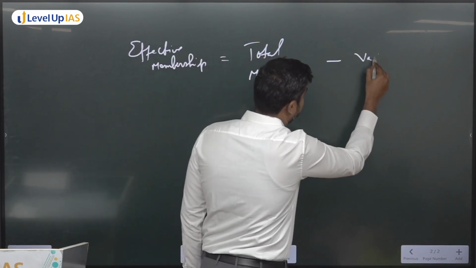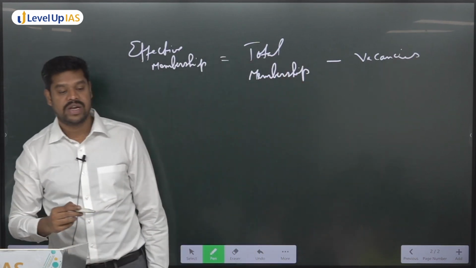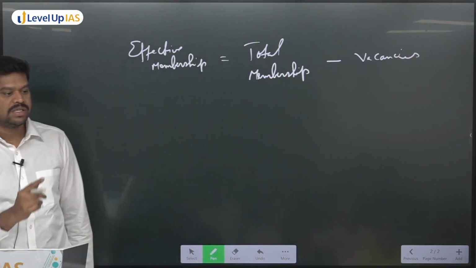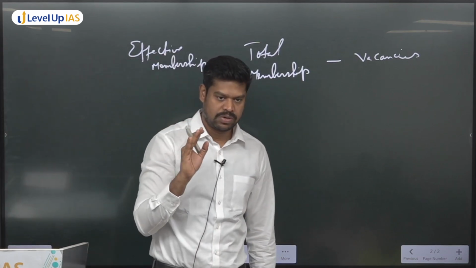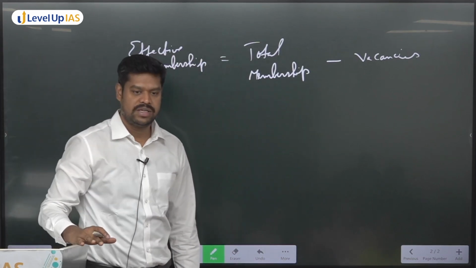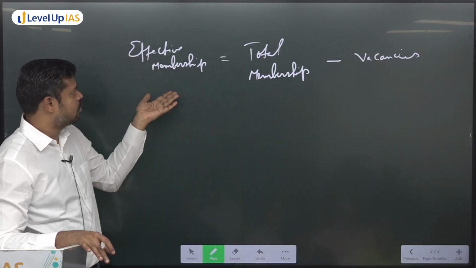Minus vacancies. So here the key word that you have to understand is vacancies. It is not absence, but it is about vacancies. Vacancies means that particular seat is not occupied by anyone. So the vacancy can be for any reason. So if you subtract the vacancies, then you get effective membership.